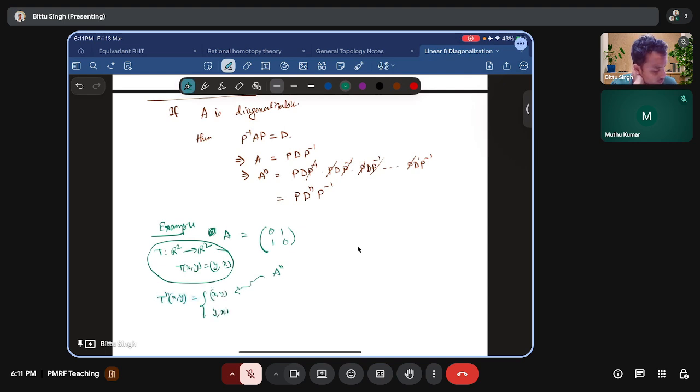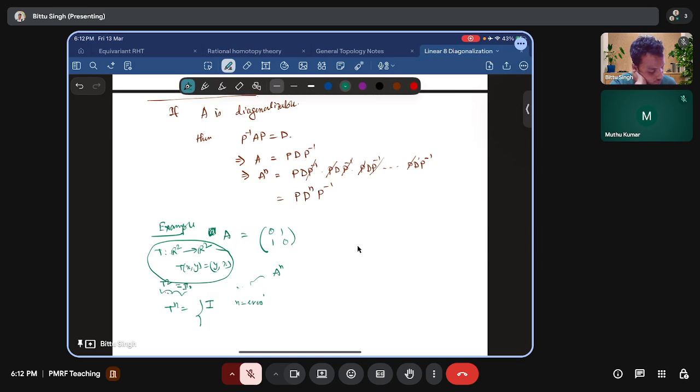So either it will look like (x, y) or (y, x). If we apply T two times, then it is actually the identity transformation. So T to the power n will be identity if n is even, since T square is identity.